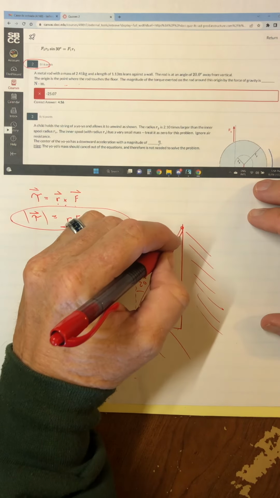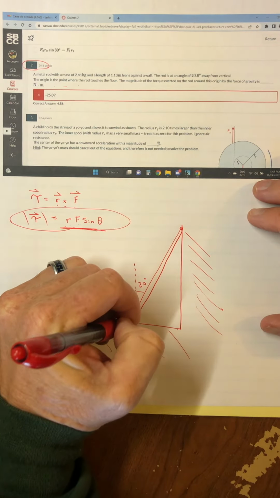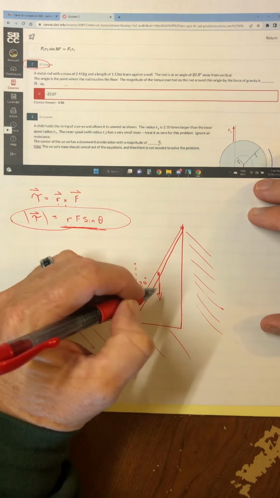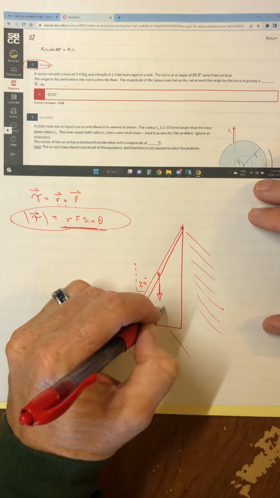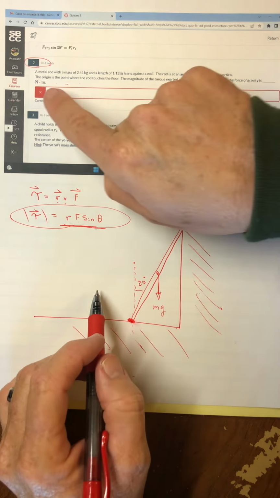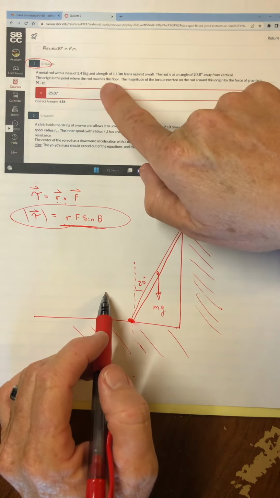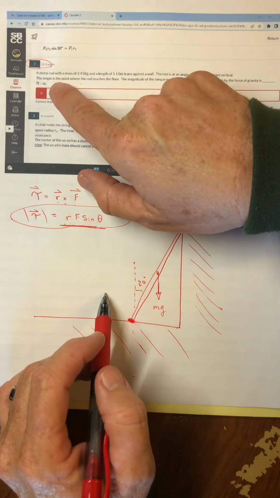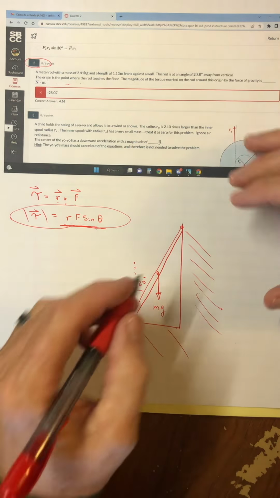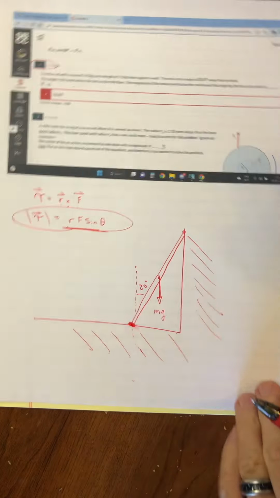So one thing we're going to have to add to this picture of our rod is the center of mass. And the rod, I'm going to assume, it doesn't explicitly say, but the rod is of uniform density. And so this is the center of mass.